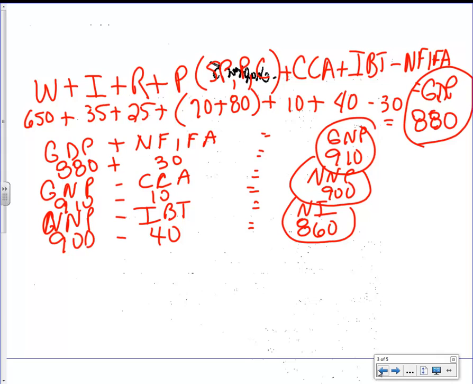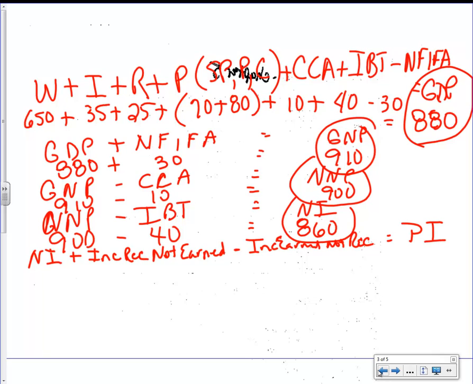Our next one is known as the personal income. So we're going to take national income, add back income received, not earned, such as a transfer payment, and subtract out income earned, not received. And that will give us personal income.